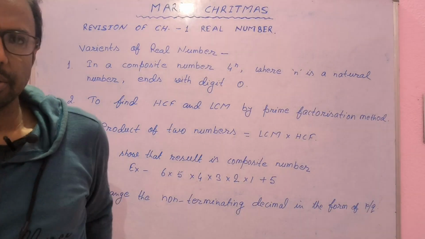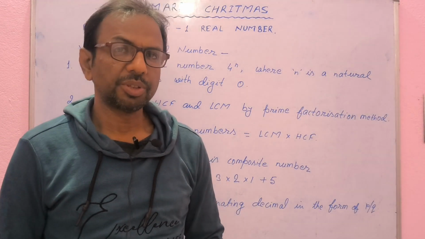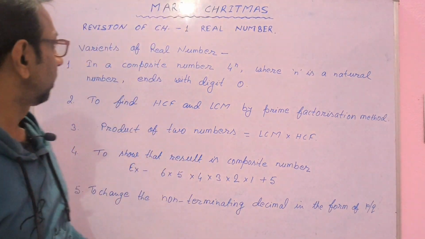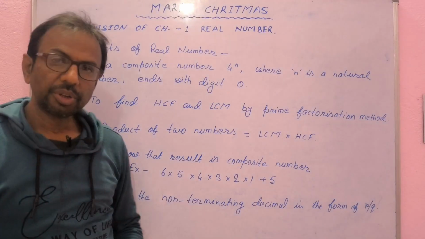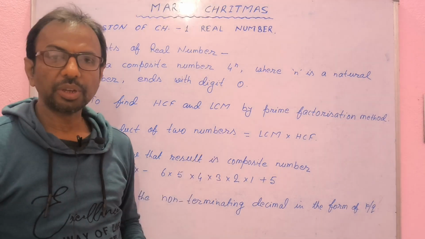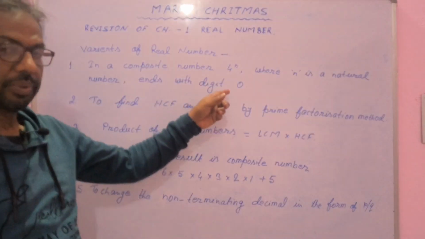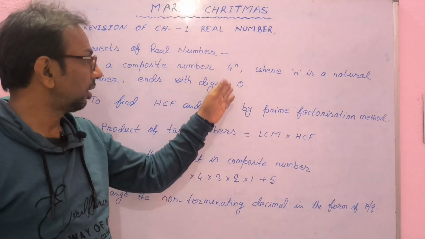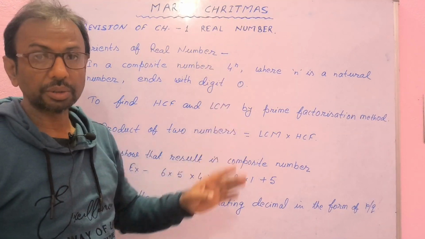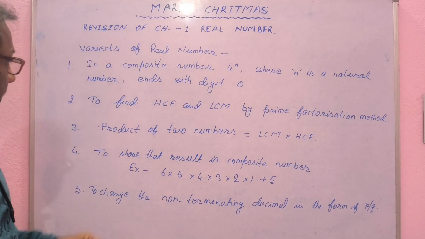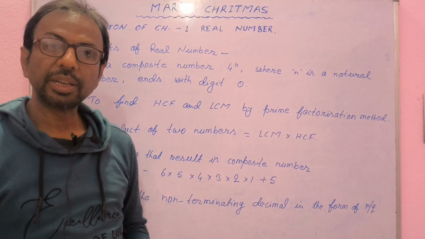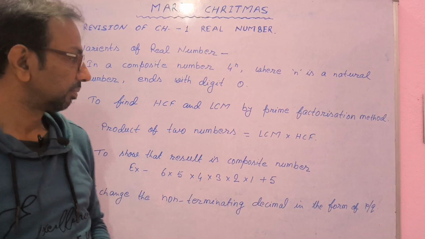So there are two uses of the fundamental theorem of arithmetic. Now let us discuss some important variants of this chapter. The first variant: in a composite number 4^n, where n is a natural number, verify whether it ends with 0 or not. Second variant: to find HCF and LCM by the prime factorization method.